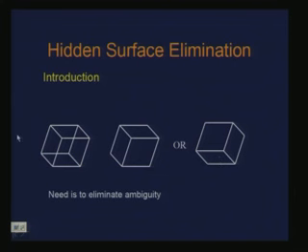Similarly, if this is the situation, then I know that this face, or the lines corresponding to this face, are in front. This way of removing the ambiguity is obtained through hidden line or surface elimination. We are going to look at the various methods by which we perform this. One of the methods we have already seen is ray tracing.